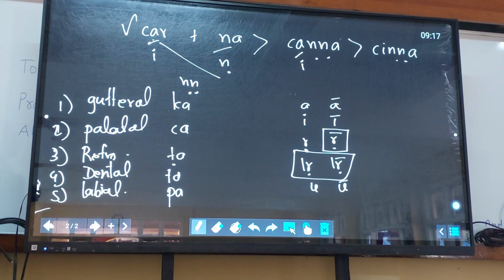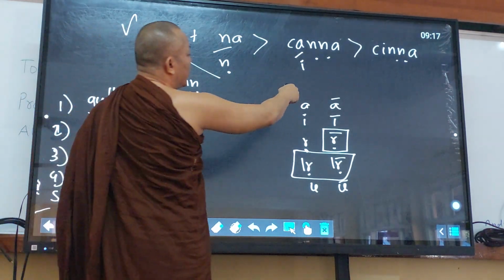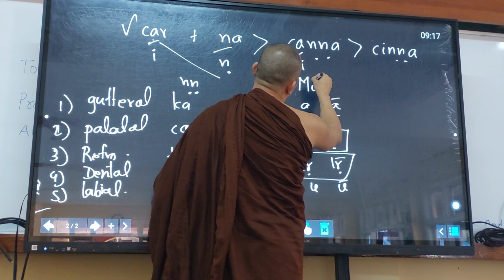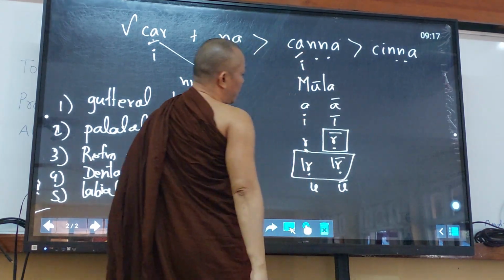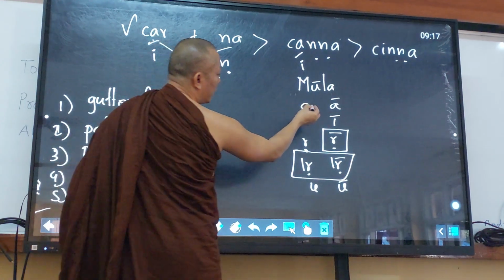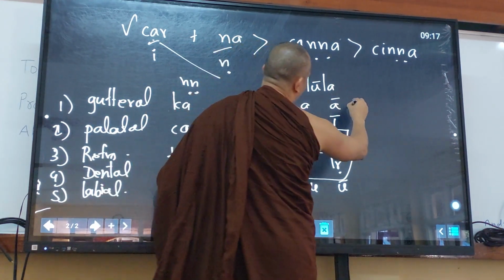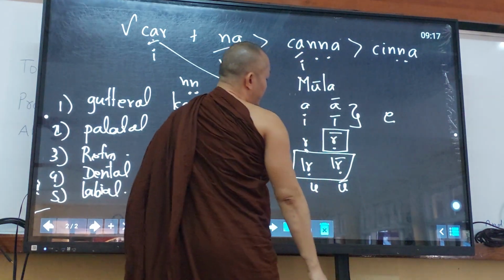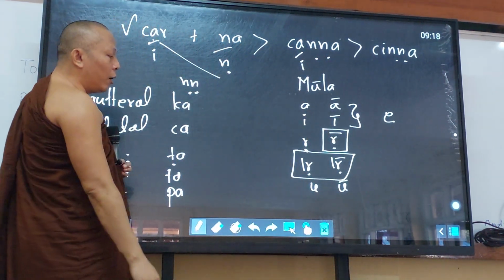But in Pali, we call these the primary or mula vowels, very basic mula vowels. Later, A and I, we have the E, another diphthong vowel.